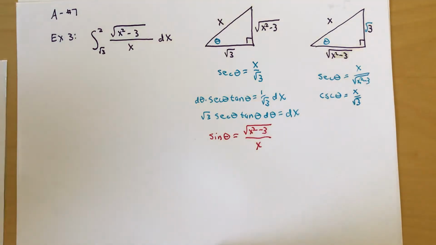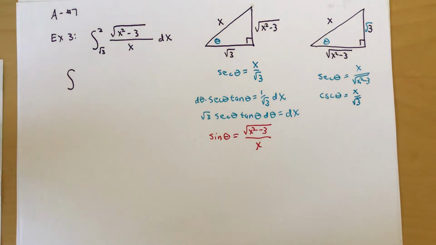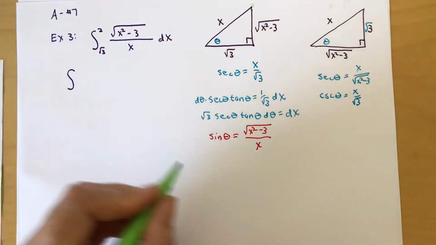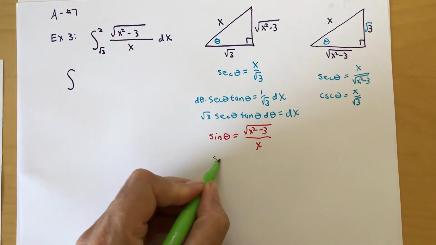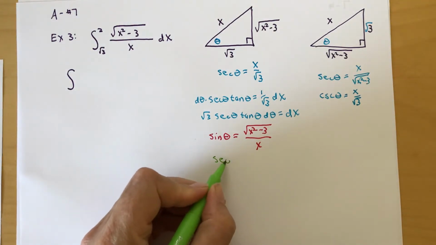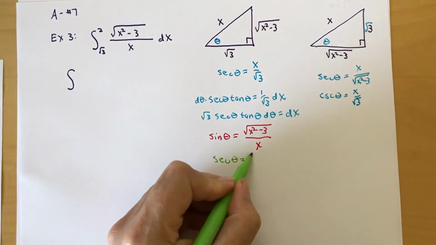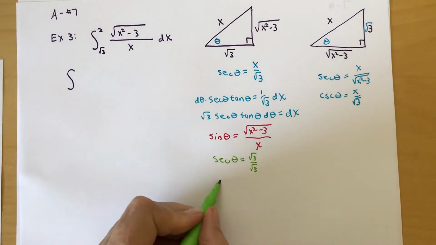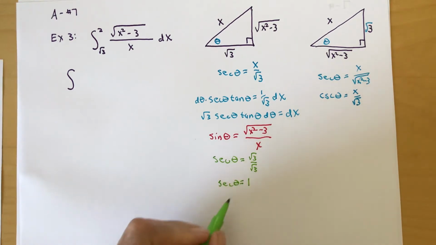And then this, because it's a definite integral, you're going to need to replace your limits of integration in order for this to be an equivalent integral. So these are x variables, so the secant of theta is equal to root 3 over root 3, which means that the secant of theta is equal to 1.